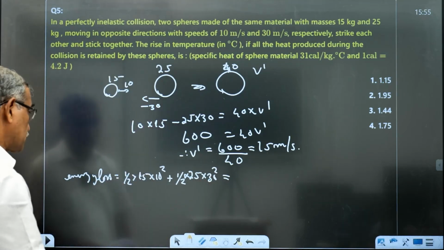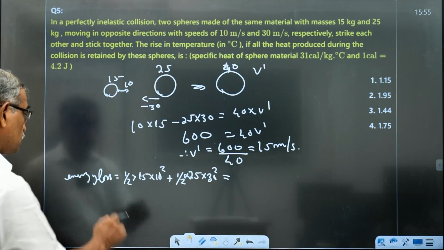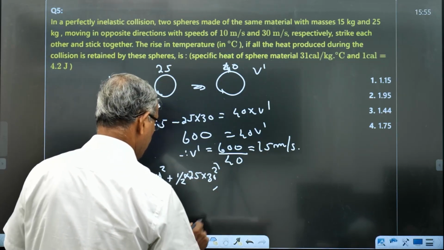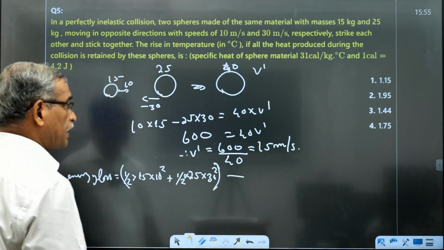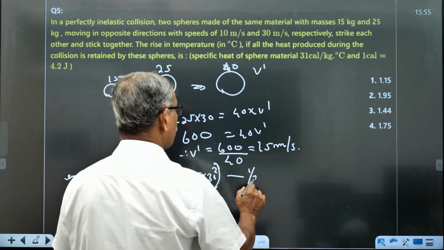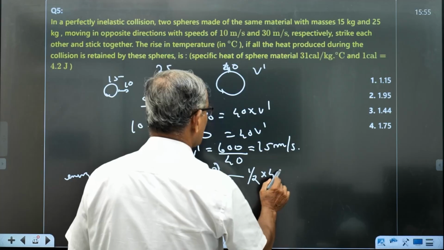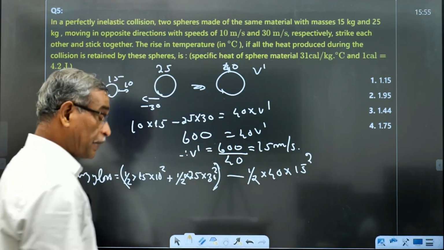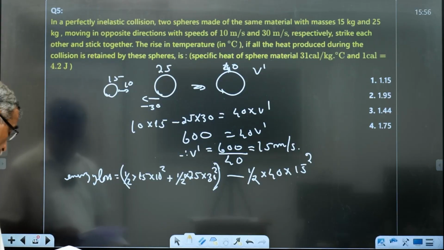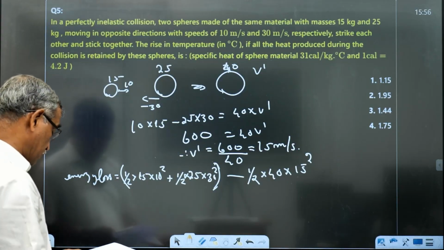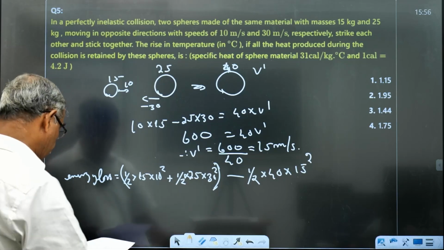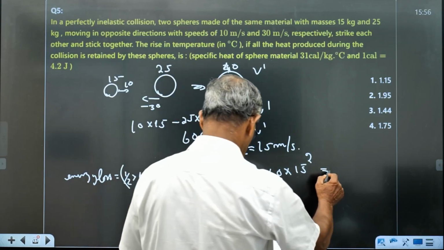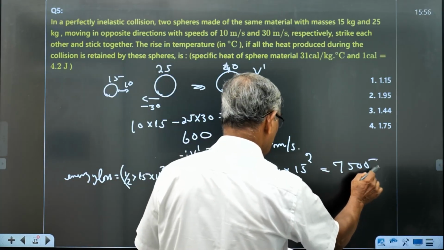This is the total kinetic energy, minus the kinetic energy after collision of total mass, which is half into 40 into v dash square, 15 square. This is the energy lost. On calculation, the energy difference is found to be 7,500 joule.